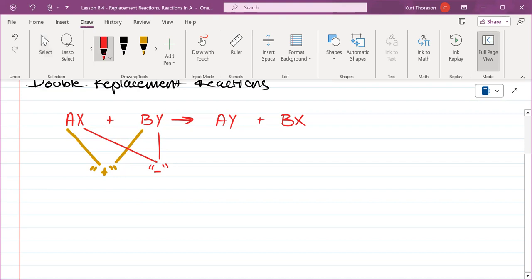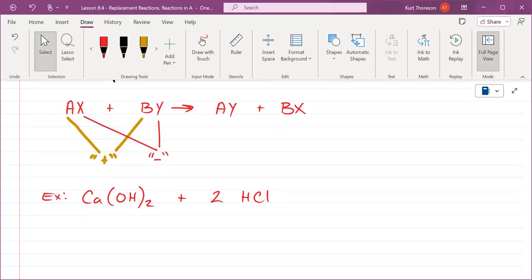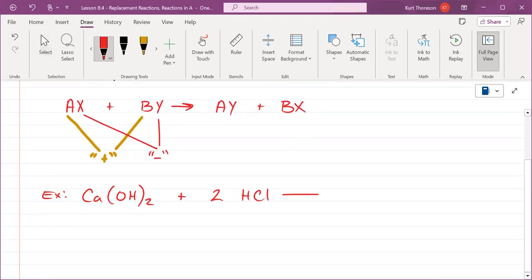So here is a couple examples. And this is going to be great practice for you to at least try to get the formulas right, okay? I give you calcium hydroxide and hydrochloric acid. You're just switching the dance partners, okay? Calcium is with hydroxide on the left.